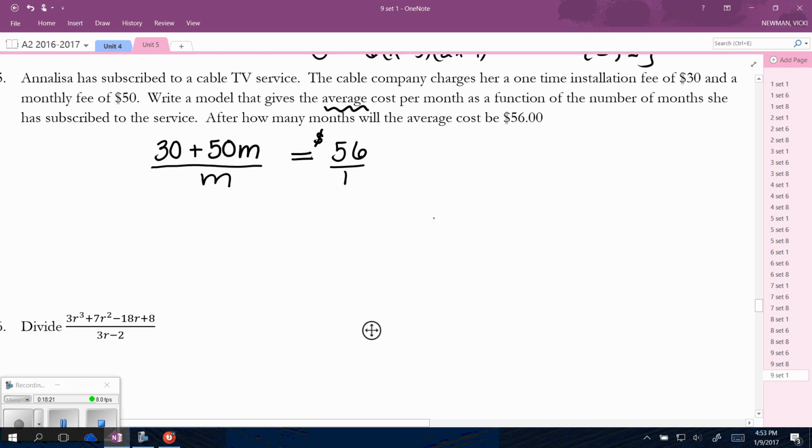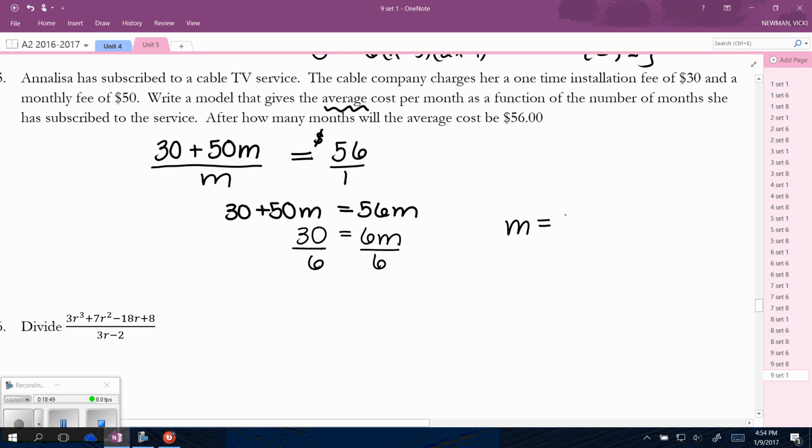So you get to cross multiply. So 30 plus 50m is equal to 56m. Solve for m. 30 is equal to 6m. Divide by 6. M is equal to 5.